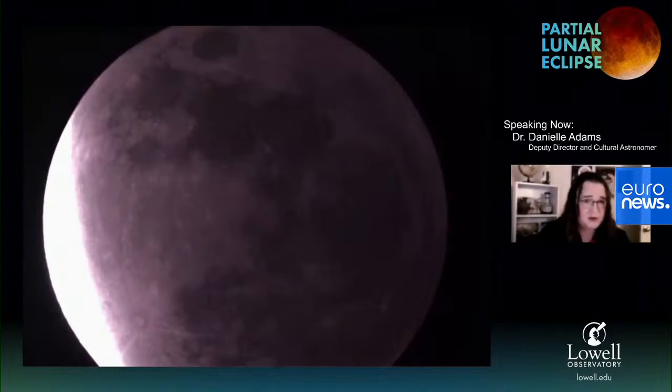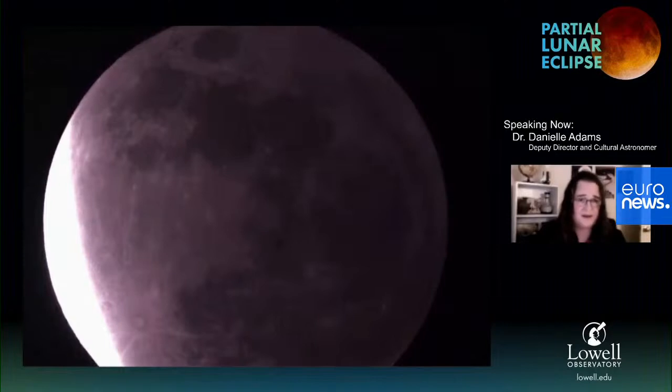So we are about 23 minutes away from maximum eclipse, which is going to be almost a total lunar eclipse, 97% towards totality. And that is just a gorgeous, gorgeous moon.